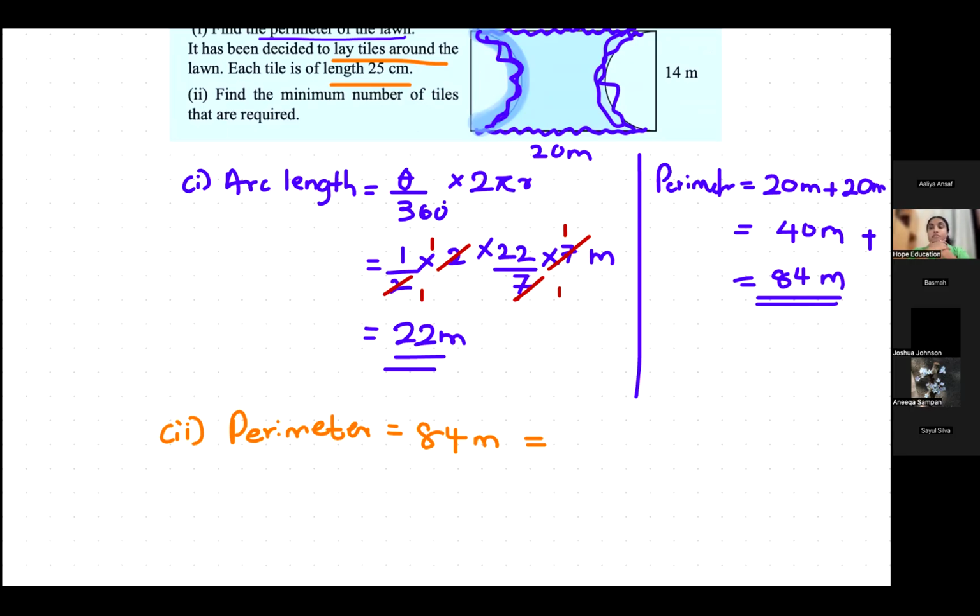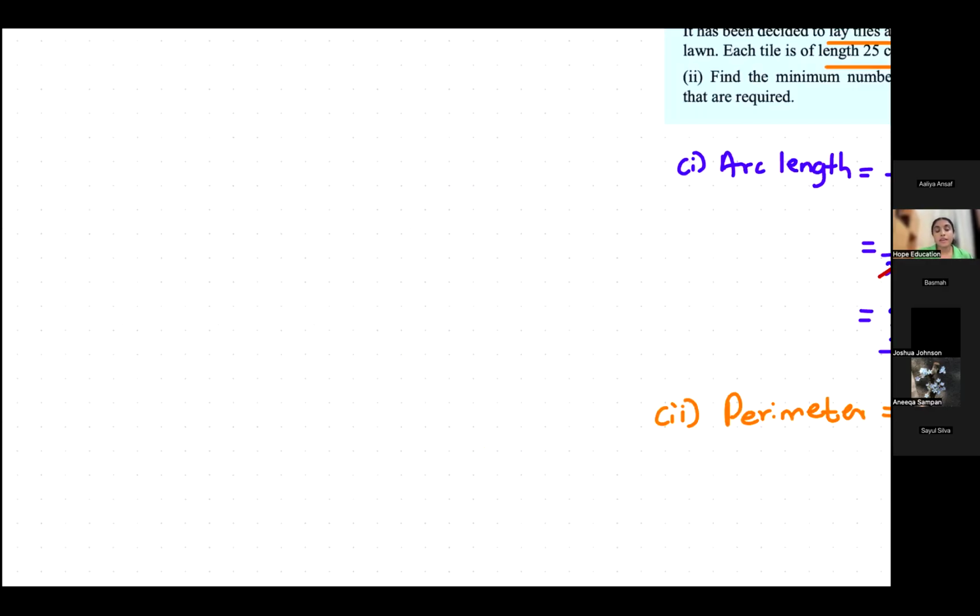You don't know? How do we convert meters to centimeters? Yes, Shweta, correct. 8,400 centimeters. Yes, Maria. 1 meter is 100 centimeters.